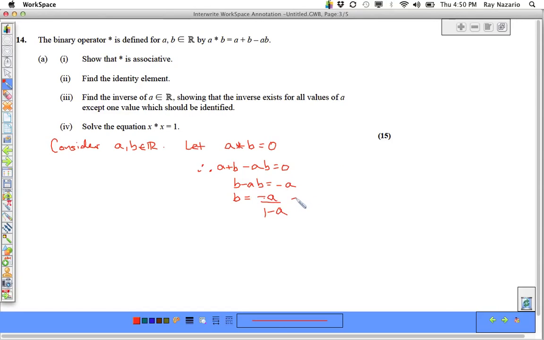So I'm going to go over here and say, this is my suspect. We're going to look at b star a, and if this is actually the identity or the inverse element, then b star a should also give me 0. Negative a over 1 minus a plus a minus the product of negative a over 1 minus a.